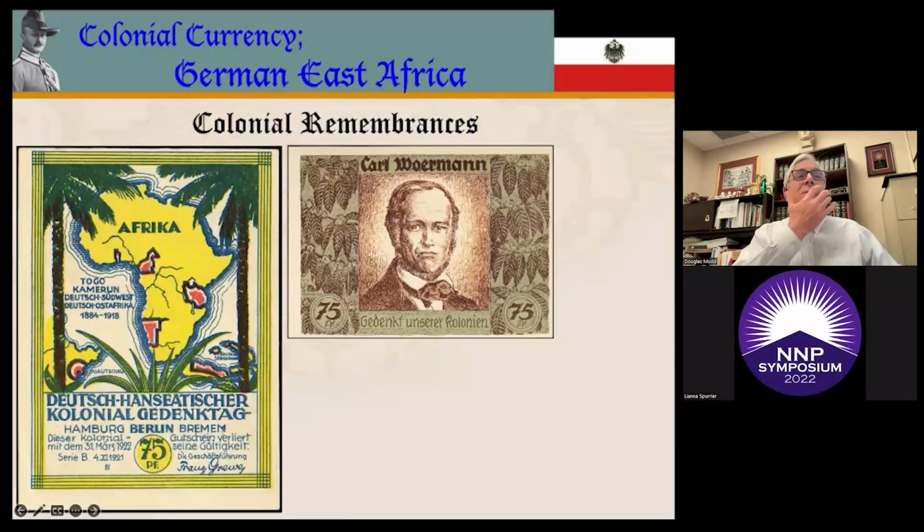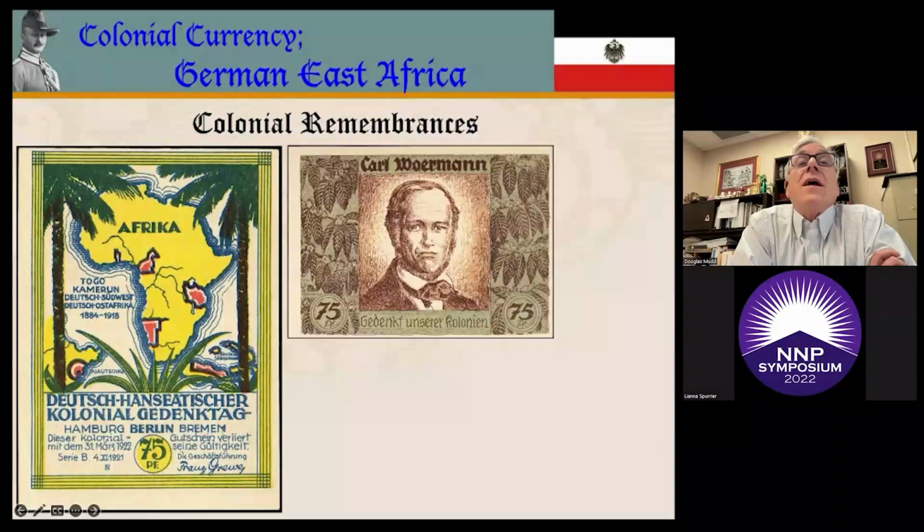So now we'll talk about the immediate aftermath of the war. Germany experienced a period in the 1920s when cities and small towns all issued their own emergency money called notgeld. This is the period when hyperinflation hit Germany, in part because of the reparations demands of France and England and their other erstwhile enemies, which crippled the German ability to recover.